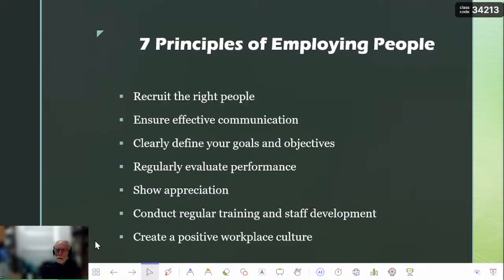So maybe that will be just have some water or cordial, maybe a meal every few weeks, one time, sit down and be happy. Make the work productive and interesting. Make people happy to be part of your business or your farm. So those are the 7 principles of employing people.